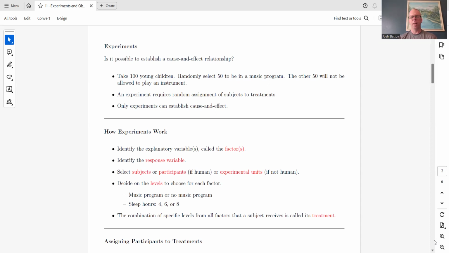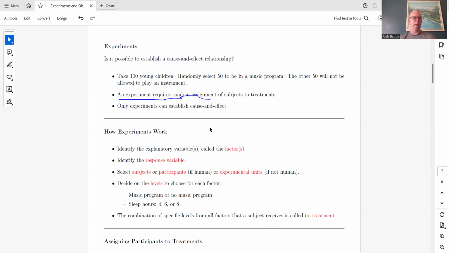And then the other 50 are not allowed to be in the music program. They're not allowed to play an instrument, that kind of thing. So an experiment requires, and let's underline this, random assignment of subjects to treatments. Only experiments can establish cause and effect.